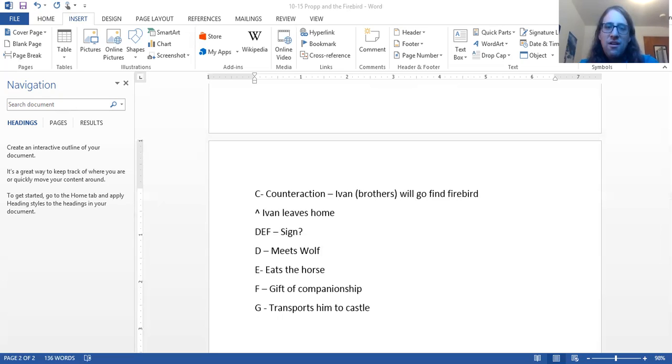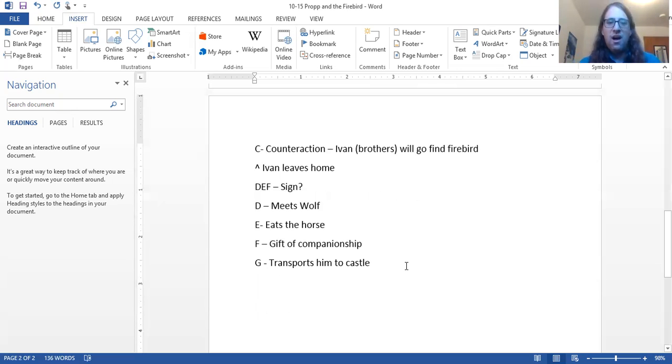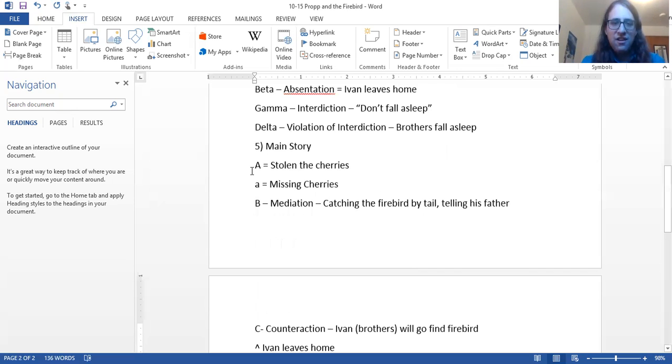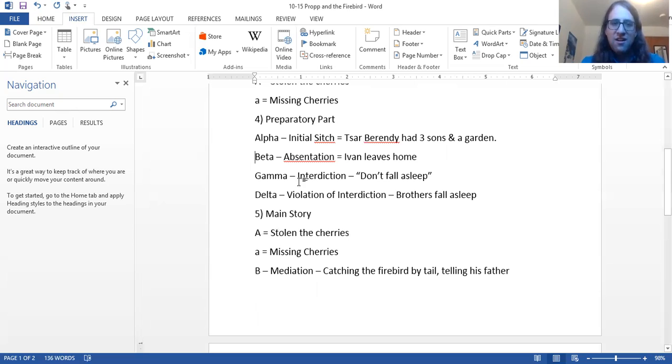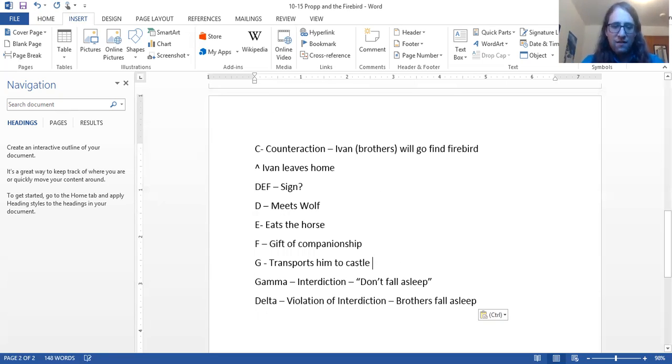And now we get into a situation where Ivan actually fails a commandment. So I think this is an example of that interdiction and the violation of the interdiction here in the first castle. It's a little bit Mario, isn't it, with all these different castles here?